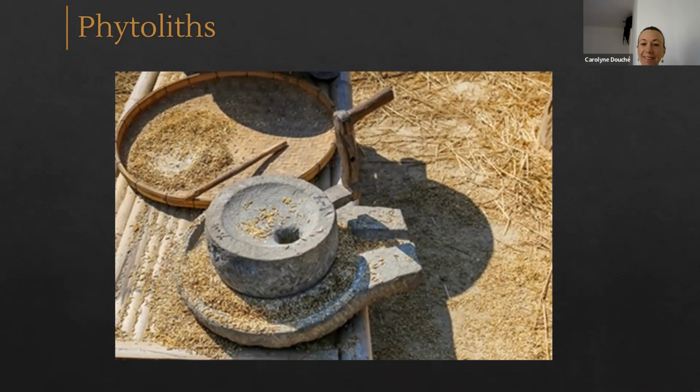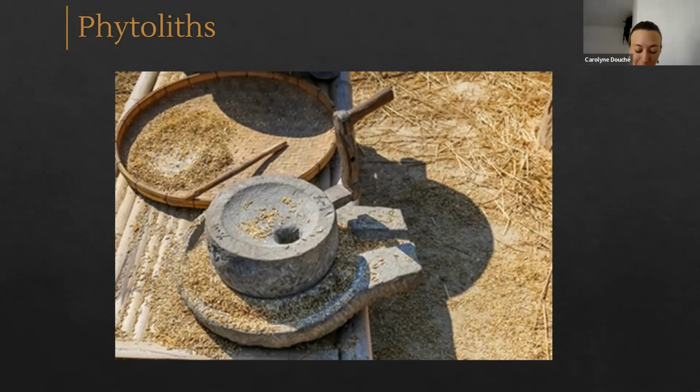Since phytoliths are mineral components, once a plant dies and disappears, the phytolith can either be dissolved or be preserved in the soil or sediment and last for millions of years.